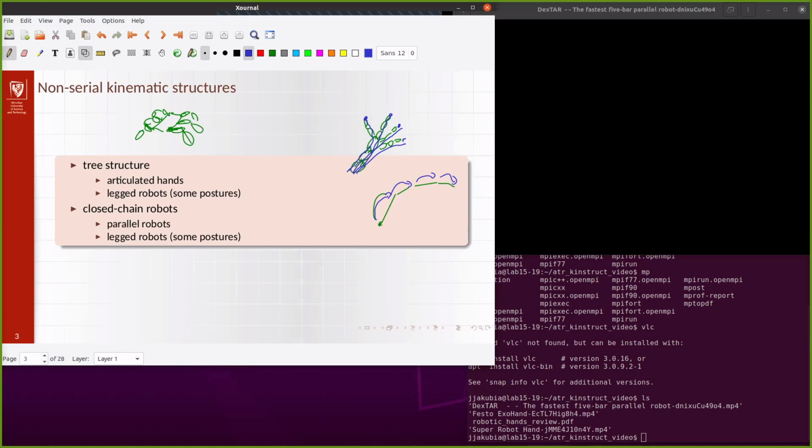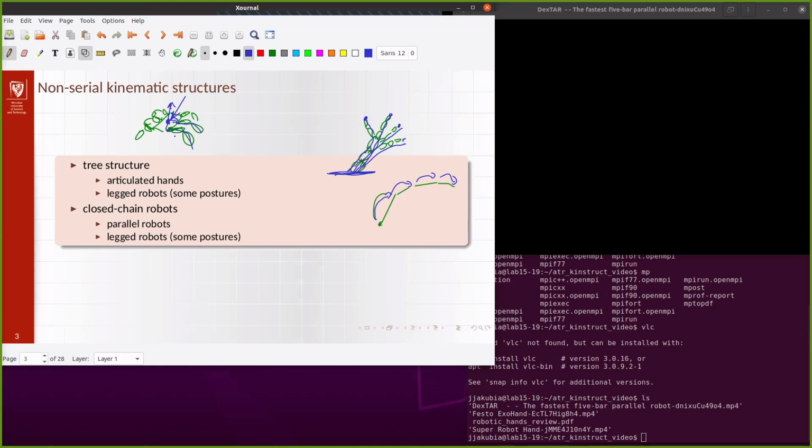When you place the base, the center of the robot, in the middle of the support, you can treat this as one kinematic chain. Each of the legs has a separate kinematic chain. Again, a tree structure similar to hands, but differently than in the hand. The hand has a base somewhere here, the starting point. This one has a base at the center of the body.